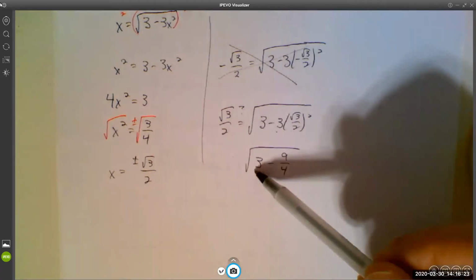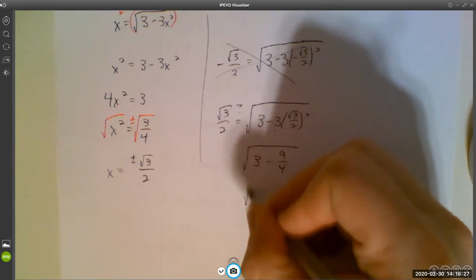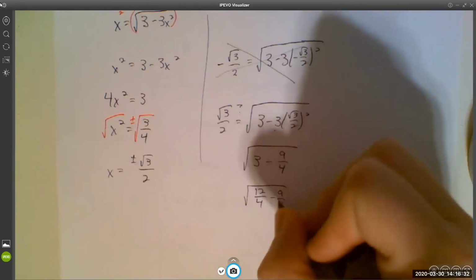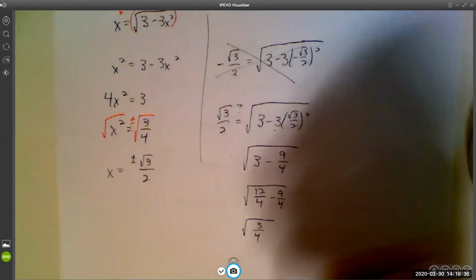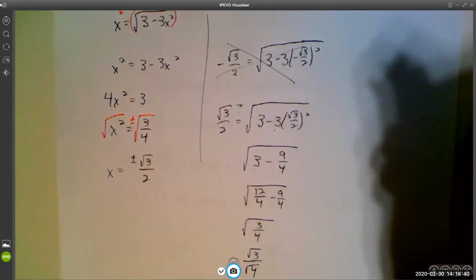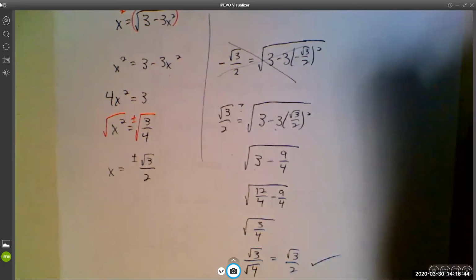Well, 3 would be 12/4, right? So this would be square root 12/4 minus 9/4. That's square root of 3/4. And sure enough, if you distribute that radical, right, you get root 3 over 2. Okay.